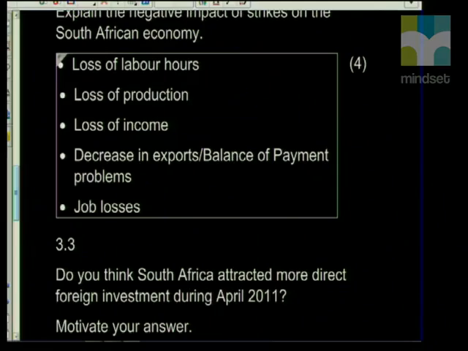Remember the law of demand applies everywhere. If the price is cheap, people go and buy there and leave where the price is expensive. So our exports will decrease, and we begin to have an uneven situation, and the balance of payments will be affected dramatically.